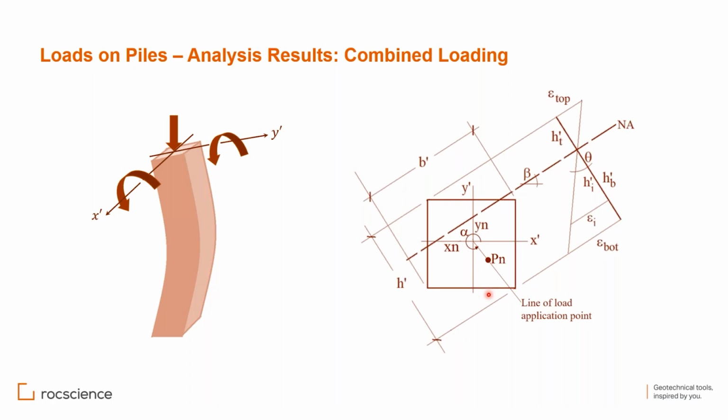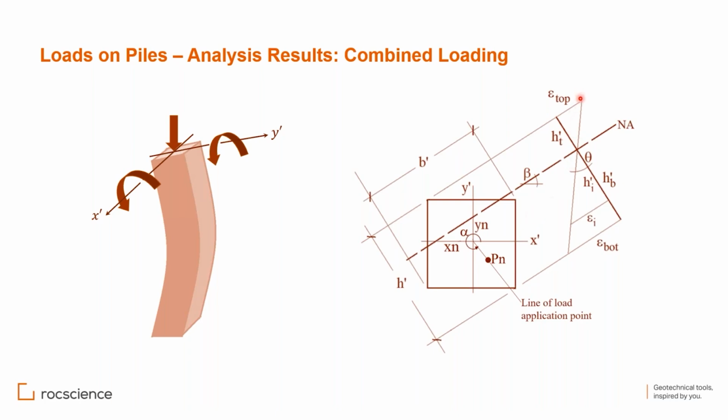So our job is to construct an interaction surface or an interaction diagram. We need to find out where this neutral axis is located, like yn or xn, and at the same time, what is the orientation of this neutral axis, beta? So this is what the program does.